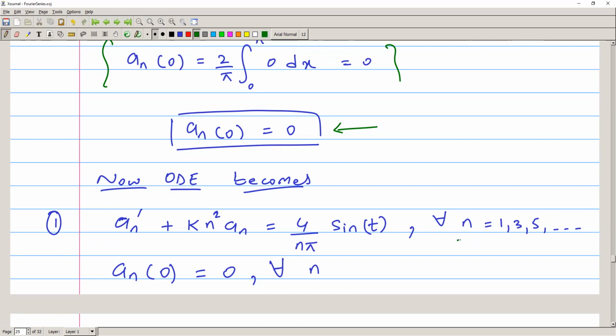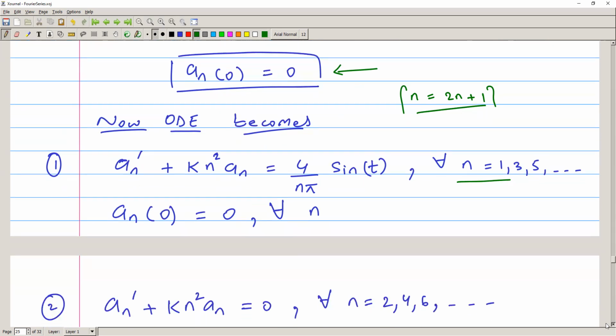We have to find this only for the odds, because even ones are 0 and the initial condition is also 0, so a2n will be 0 again. And we only need to find an prime. We can also use 2n plus 1 here, but we are going to use n. It's fine, it doesn't matter at all.